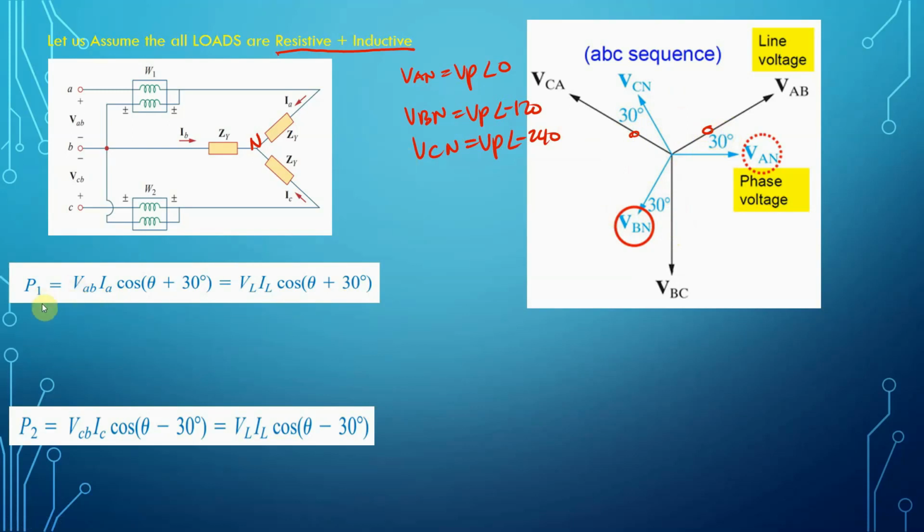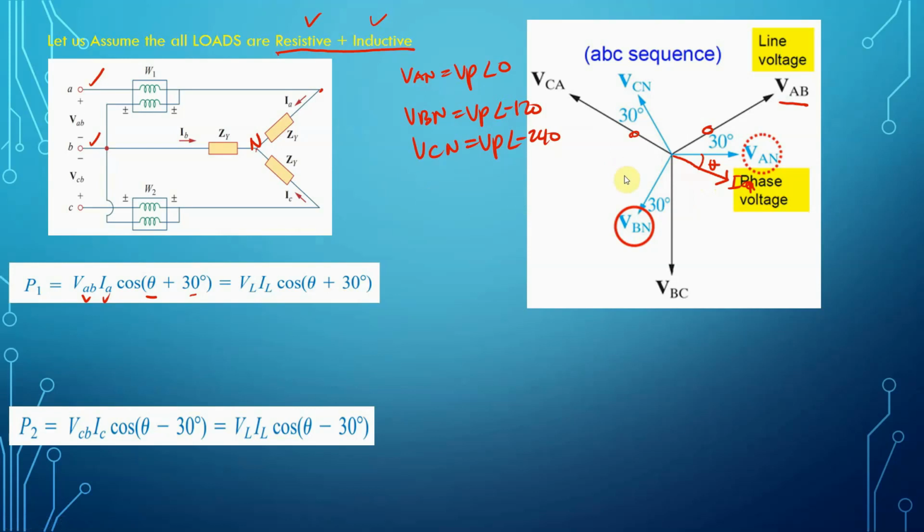Now, observe P1. P1 is VAB multiplied by IA, cosine theta plus 30. So where is IA? We have a resistive load and inductive load from this impedance. It means to say we have a lagging current, right? Because this is resistive and inductive, we have a lagging current. So we can assume that this is our IA, with an angle theta with respect to VAN, right?